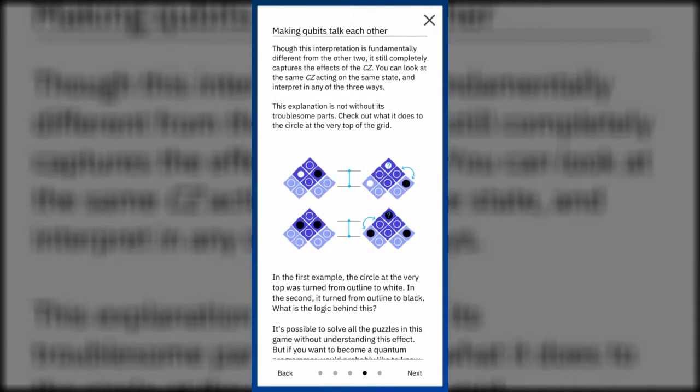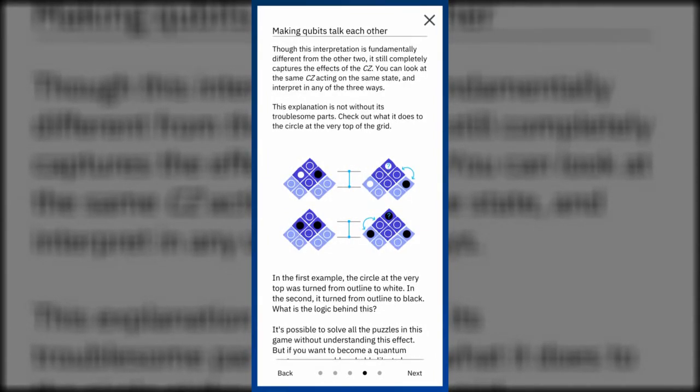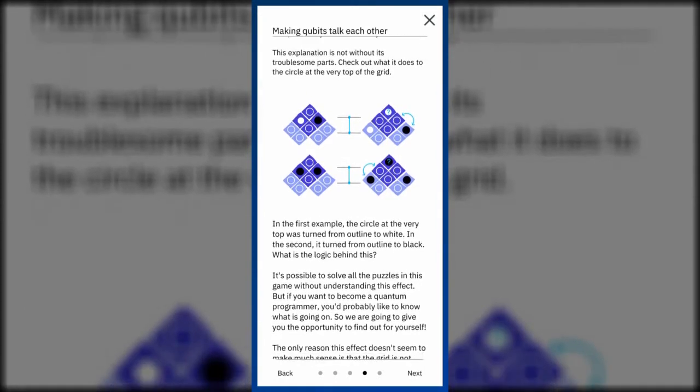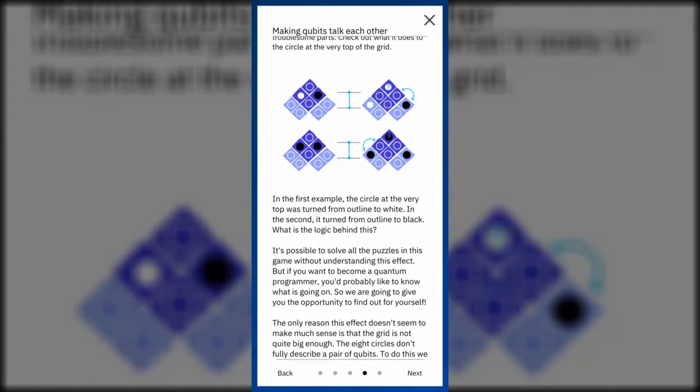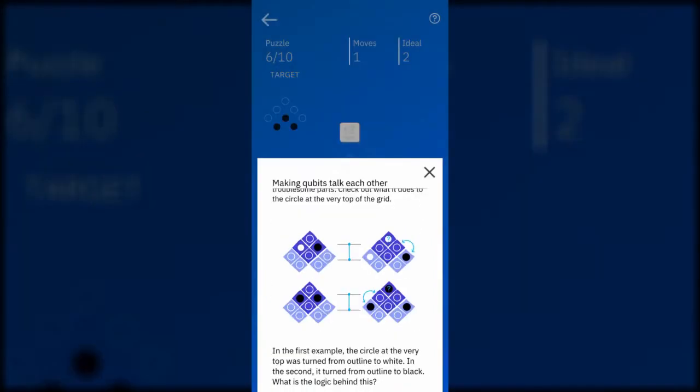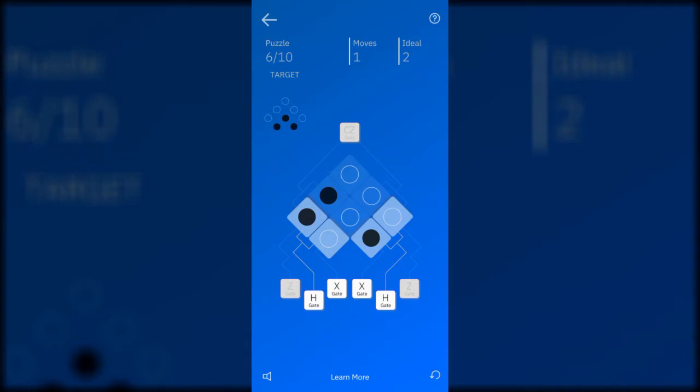Here we have a state where both circles are outlined, so this means there's no certainty at all, but then we have two circles of different colors inside. That's a weird one. I don't really understand everything yet, but I think I'm getting somewhere with that, and I like it. So I think I'll play again.